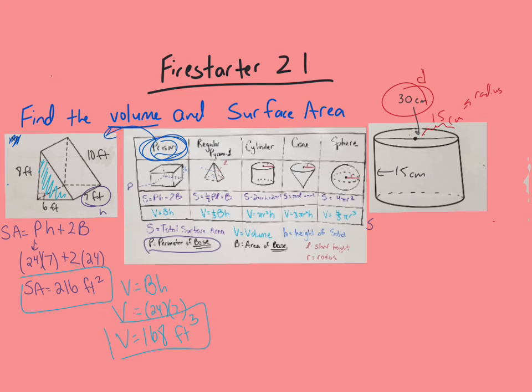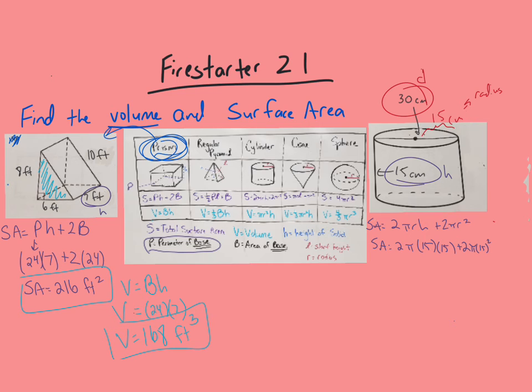It says surface area is 2 pi rh plus 2 pi r squared. So surface area is equal to 2 times pi. Now remember, we're using 15, not 30. The height is this 15. That's the height. Just coincidence, they're both the same. 2 pi 15 this time squared because the radius is that.